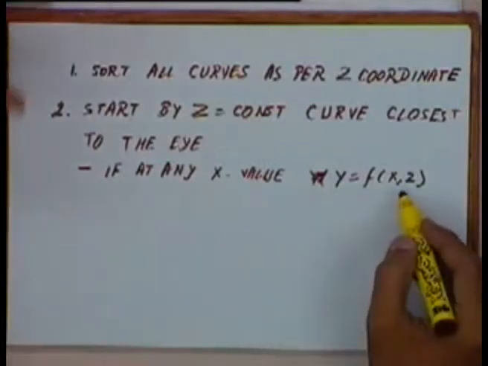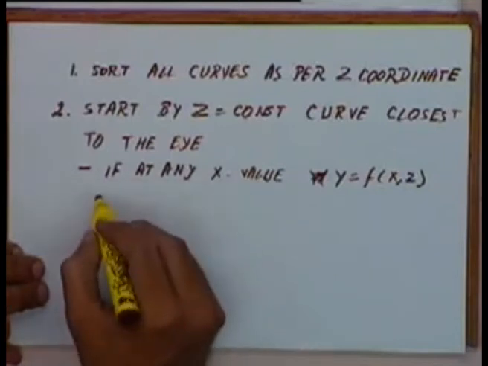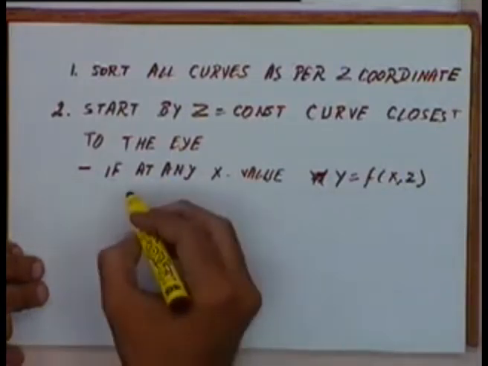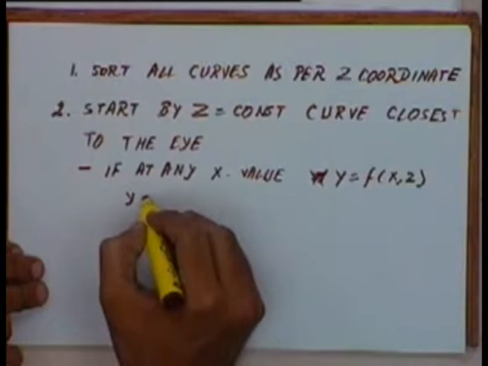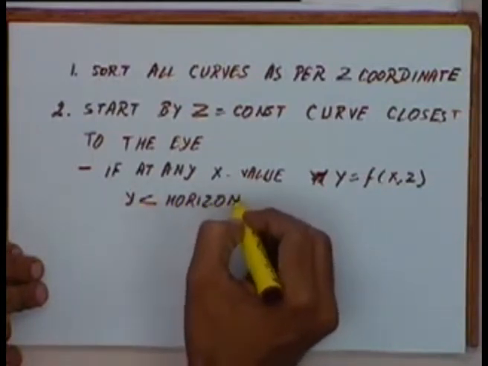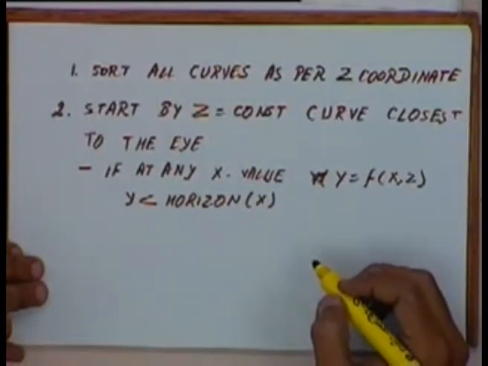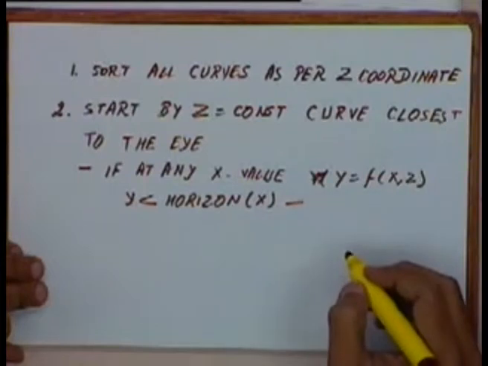We will compute y equal to f of x, z, that is the y value at the current x location. If this y value is less than the horizon, then the curve is hidden.